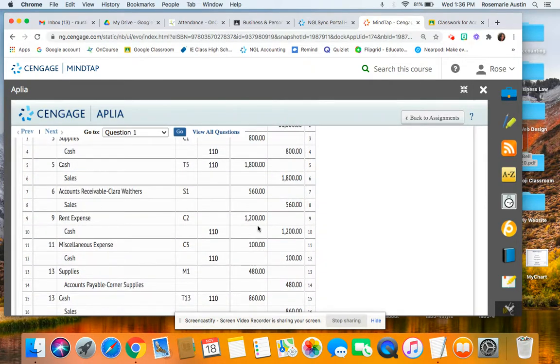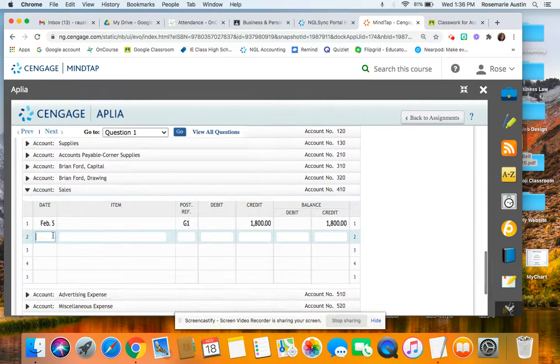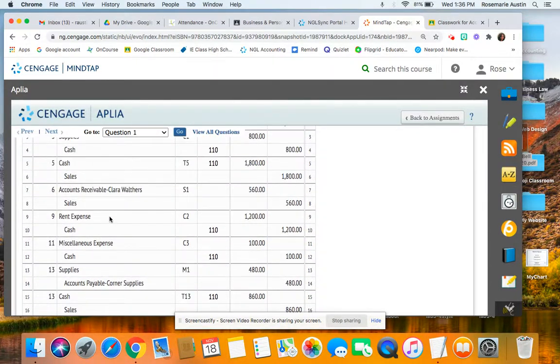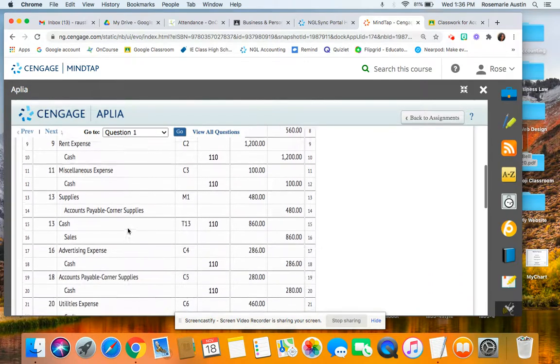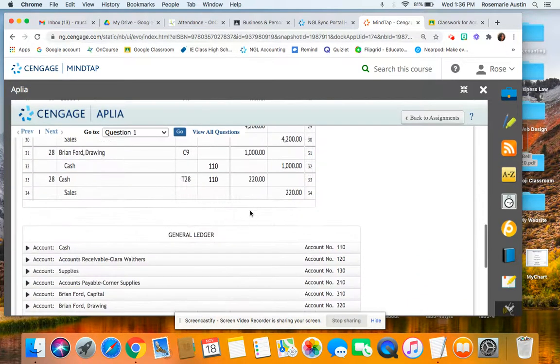All right, and then on the 6th, you have a credit of 560. G1 again. Let's just get all the transactions in here, and then we'll do the balance at the end. On the 9th, there's nothing with sales until we get down to the 13th, and there's an 860 credit.